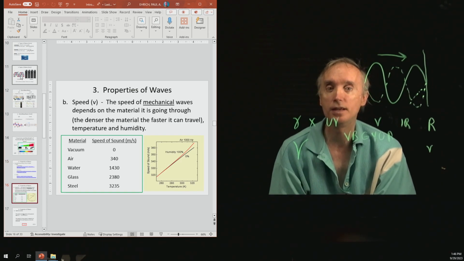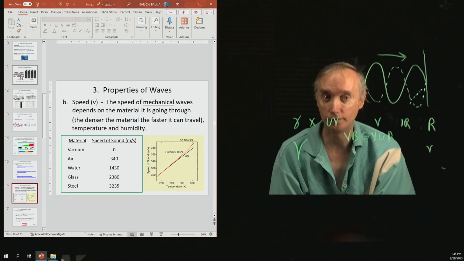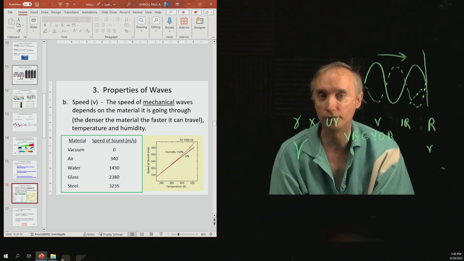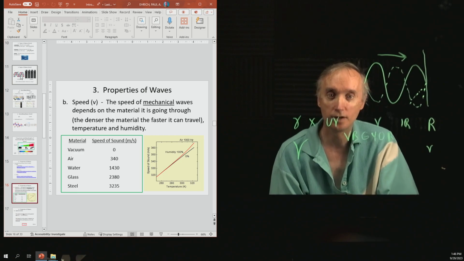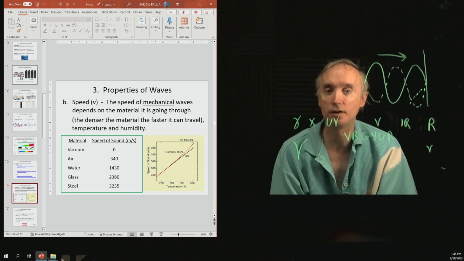Okay, then the speed of waves. Now this is very important. Mechanical waves have different speeds. The speed of a mechanical wave is going to depend on what it is traveling through. You'll notice in that chart that the speed of sound in air is 340 meters per second.